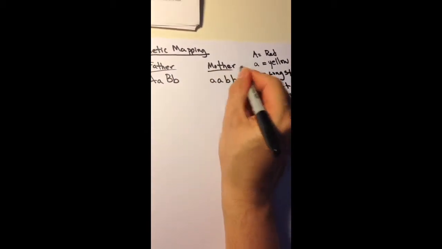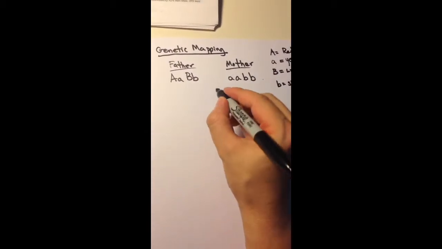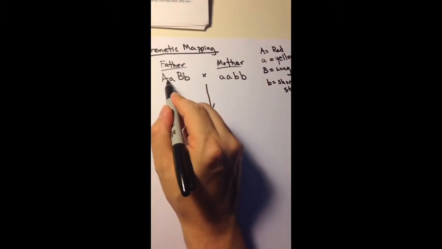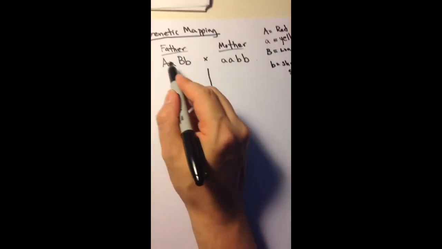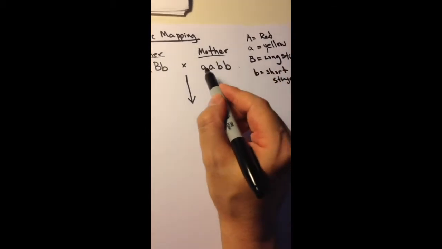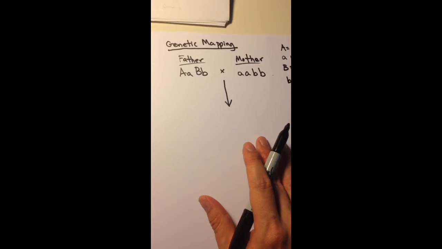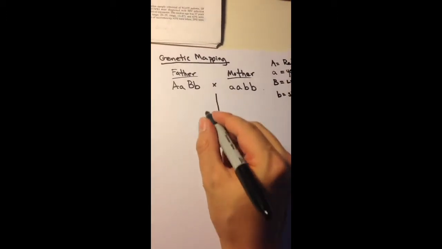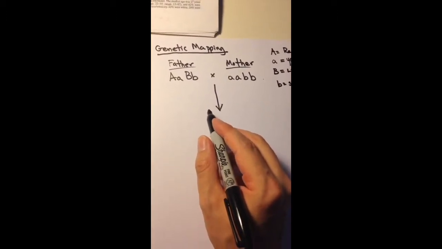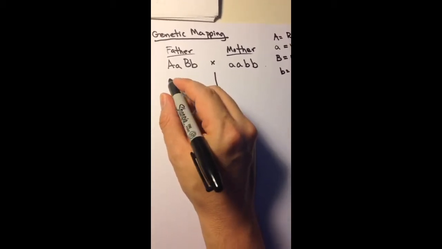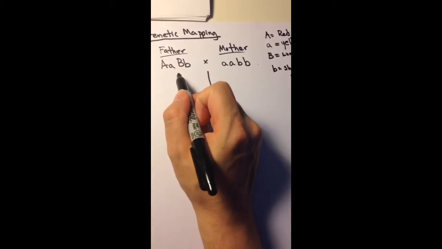Okay, so you have the father and you have the mother, and let's say you're crossing them. The father is red with a long stinger, and the mother is yellow with a short stinger. So you want to mate them. The father can give 4 different combinations of alleles.